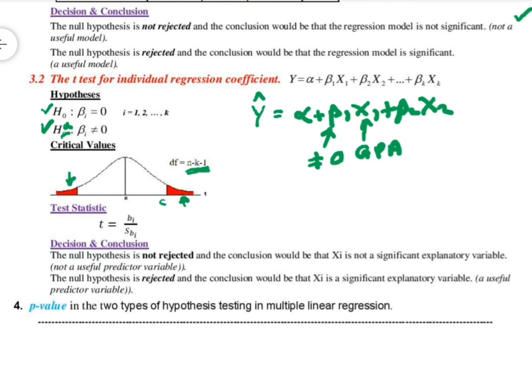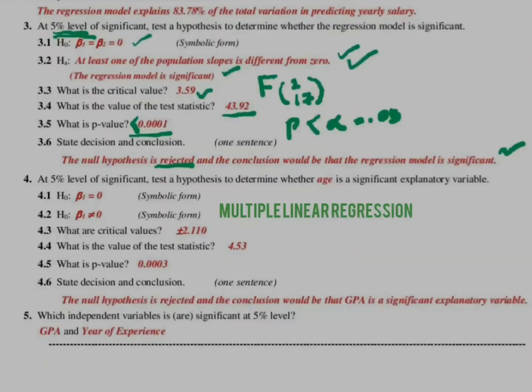Then you get critical values, and the red areas are rejection regions. The test statistic formula is b1 divided by sb1, if you test beta 1. You can pick up b1 and sb1 from the outputs. Then how to decide the right conclusion?